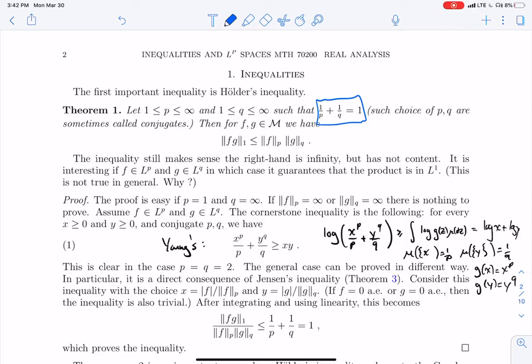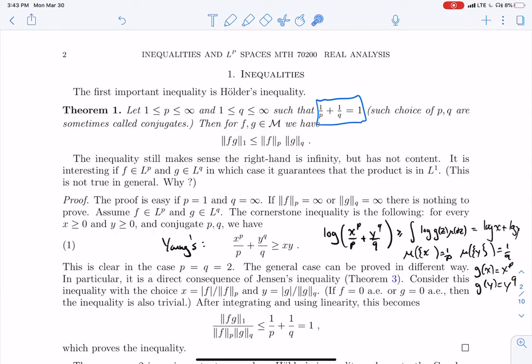Hölder's inequality tells you that the L1 norm of fg is smaller or equal to the LP norm of f times the LQ norm of g. In particular, if f is in LP and g is in LQ, so the norm of f is finite and the norm of g is finite, then f times g is in L1.